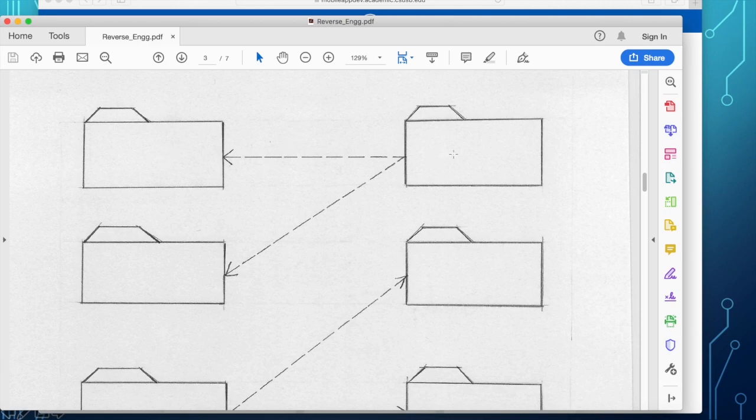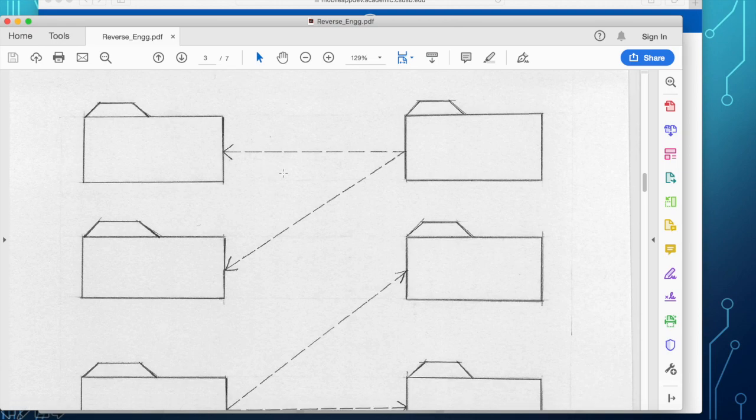So this package here is communicating with this package on the left. The unidirectional arrow determines the direction of communication, and so on and so forth.